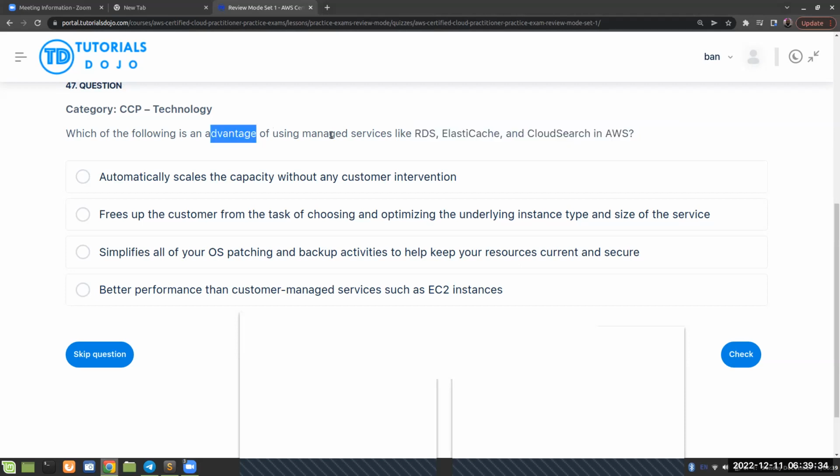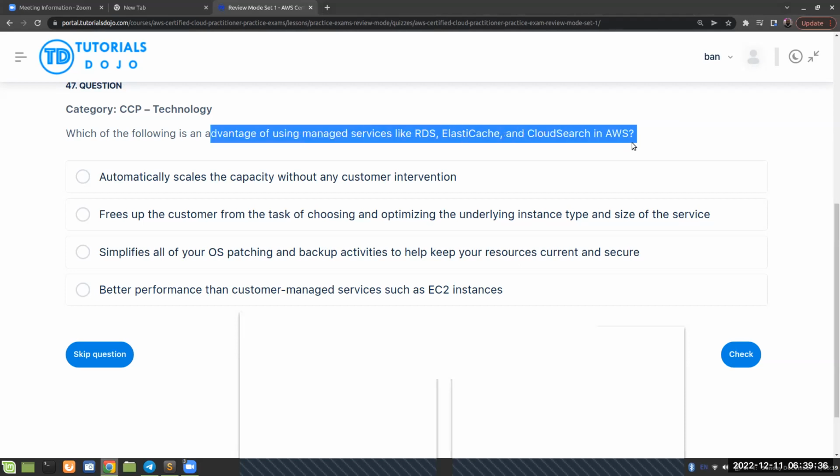So, advantage of using managed services. That's the key thing.